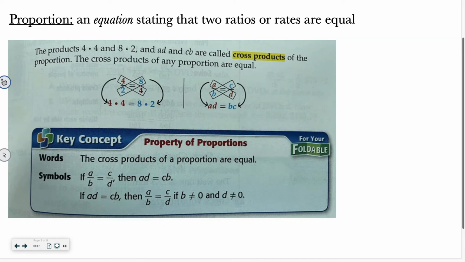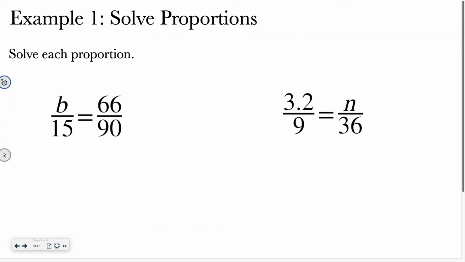Okay, our assignment's going to pretty much focus on this idea of cross products. So let's jump right into it. Example 1, solving proportions. Our first one, we have b over 15 equals 66 over 90. So if I use my cross products, I'm going to say 15 times 66, and that gives me 990 equals, and then I have b times 90, or 90b.